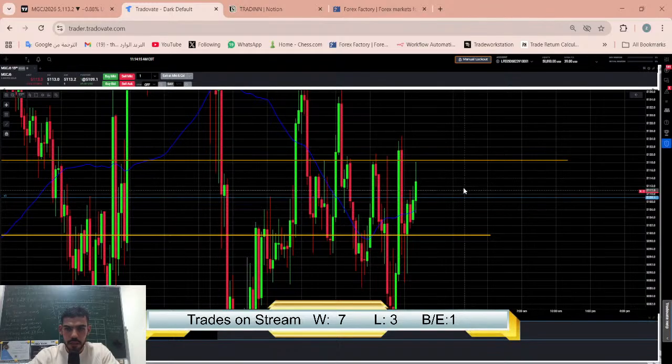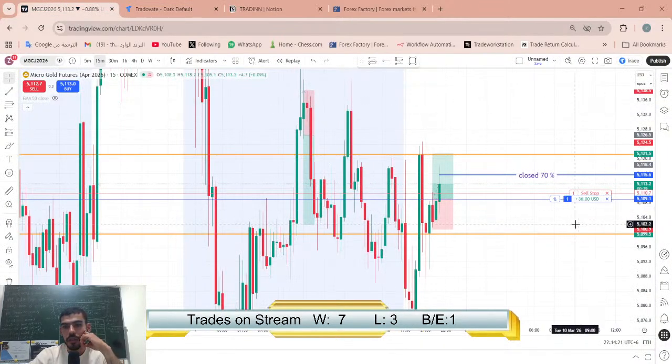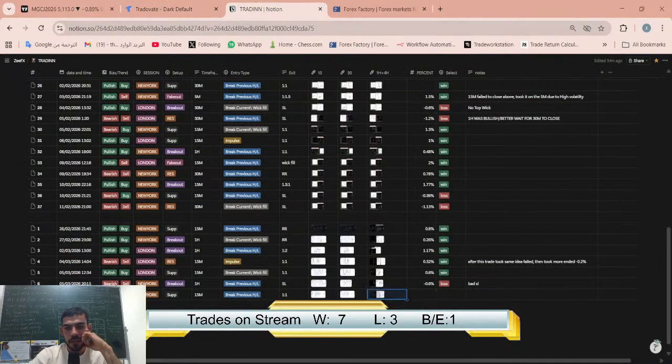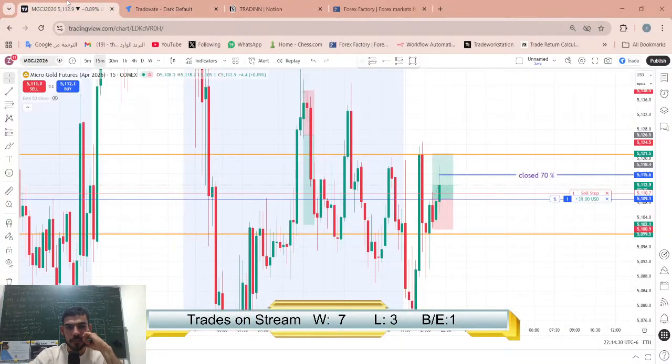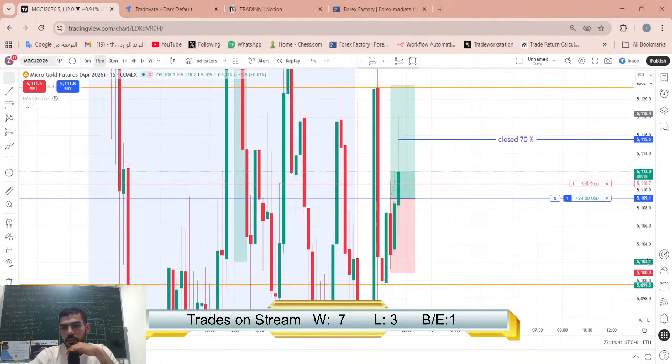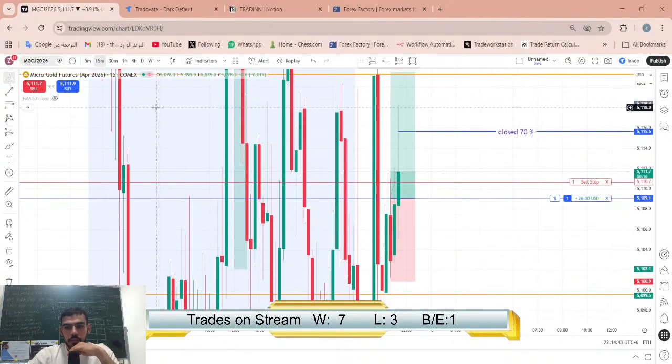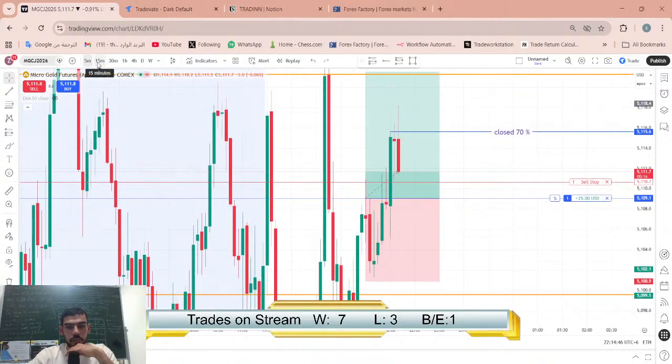Still not moving much, but the 15-minute candle is going to close now. It looks like it's going to close in the range. I think it's getting late and we should get going.